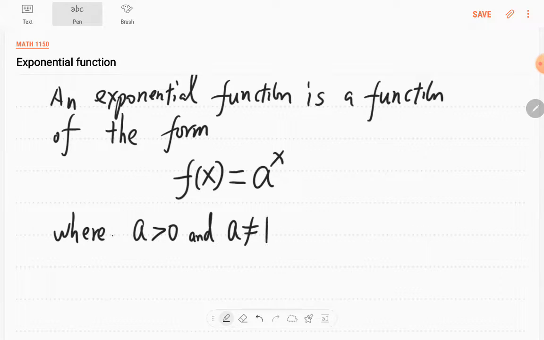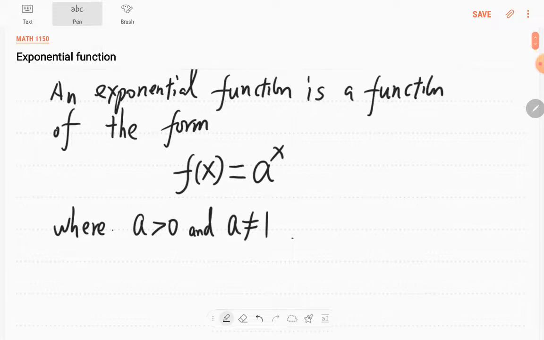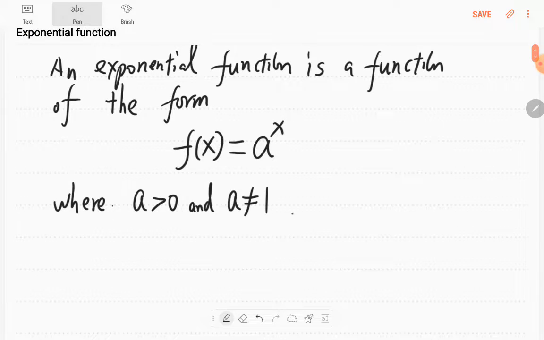Otherwise, it would always be 1, which means nothing. So this is the exponential function.